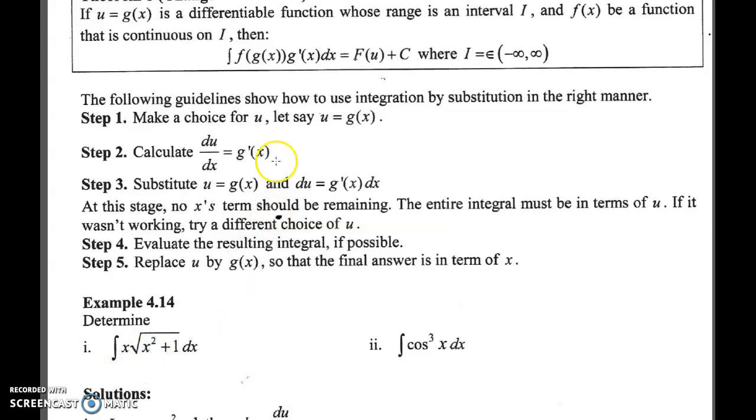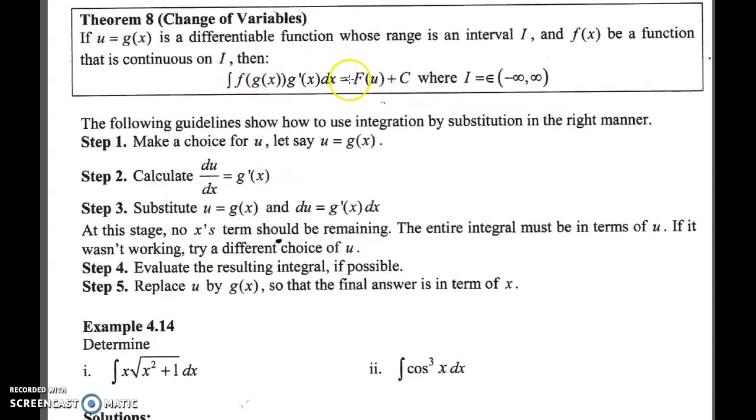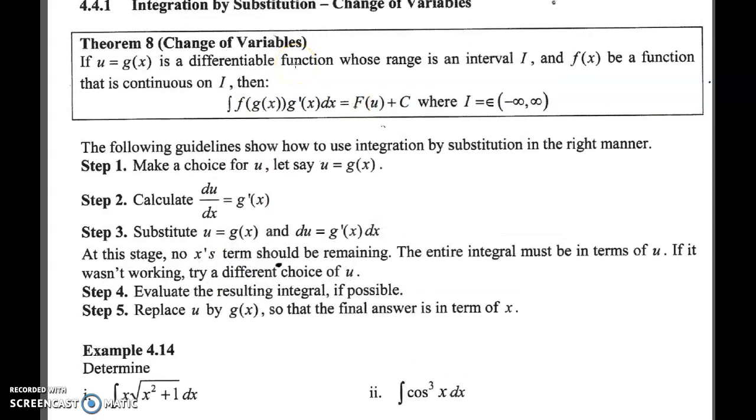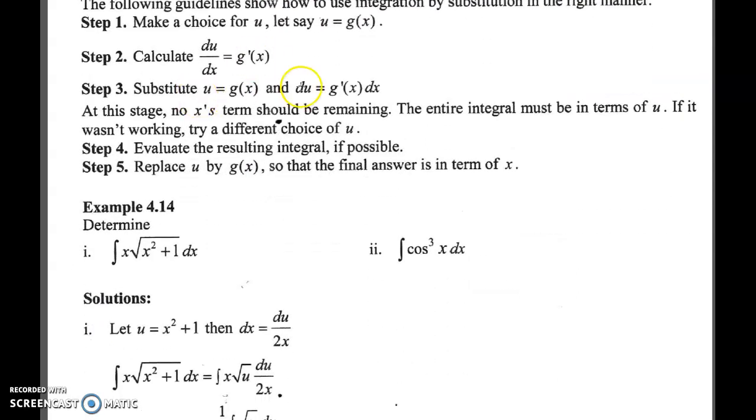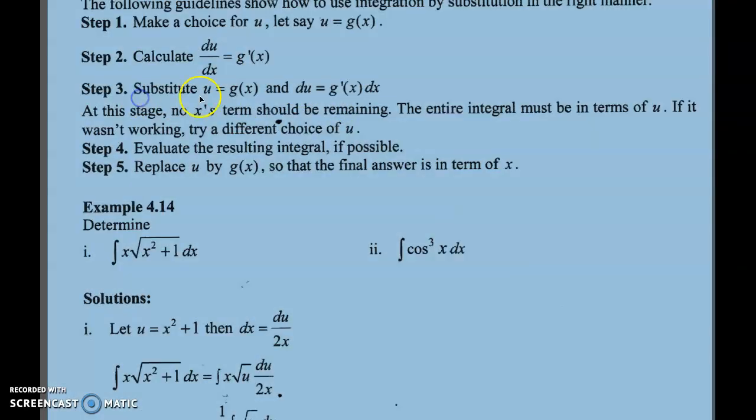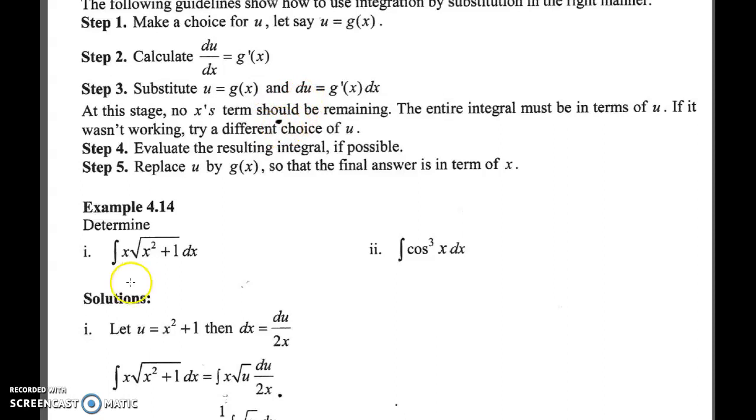After you conduct integration by substitution, where you substitute u, in the third step there should be no x terms remaining. All of them should be in terms of u. If it wasn't working, you are going to need to go back and choose a different u.